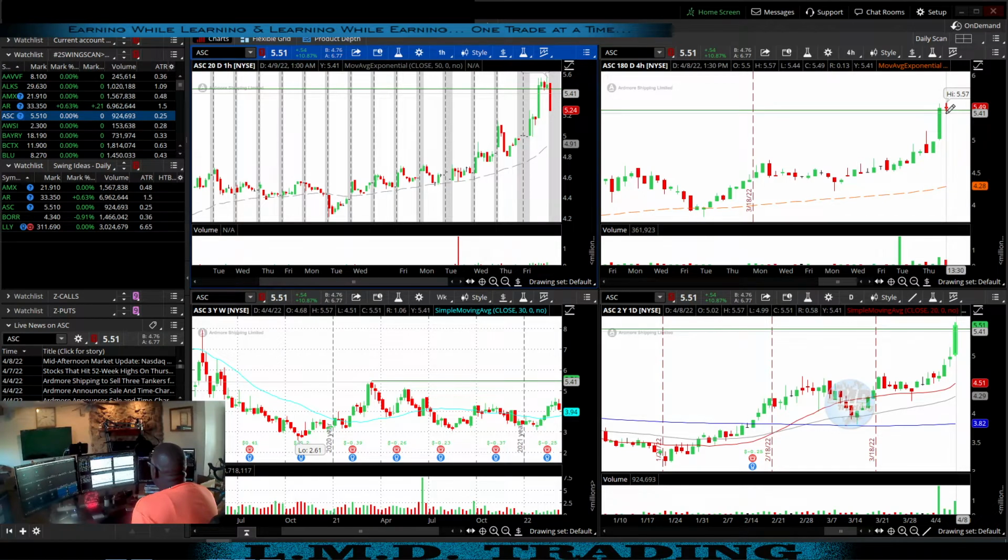Let's see what the range is on that one. So that's just a 13-cent range on this candle. I would give it a little more room. I would say maybe triple it. Maybe go up to about 35 cents on that.